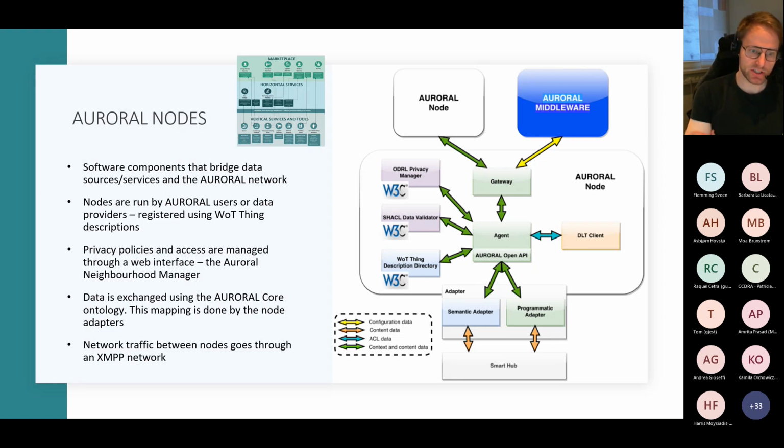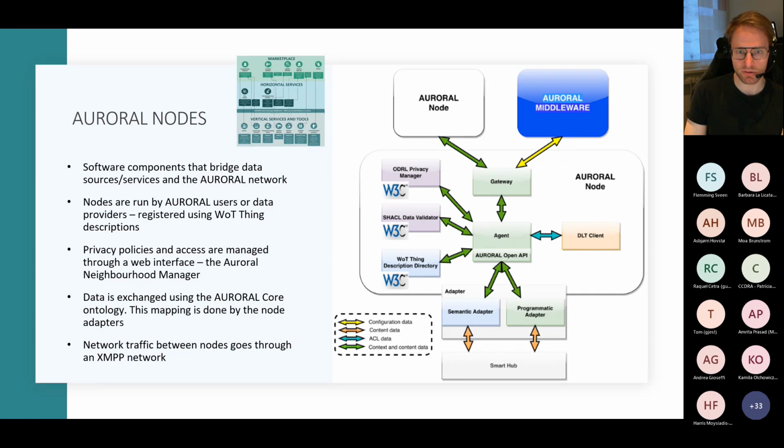This data is exchanged across the AURORAL nodes using something called the AURORAL core ontology. And this mapping is done by the node adapters, which you can see at the bottom of this figure. So the Smart Hub would be the service that provides the actual data. The data is fed through the adapters to the agent, which can then feed it out to other nodes that can request the data, or the AURORAL middleware as such.